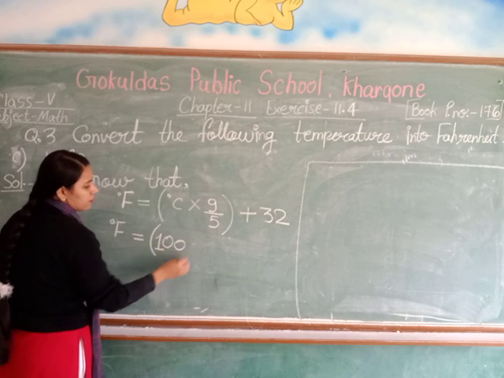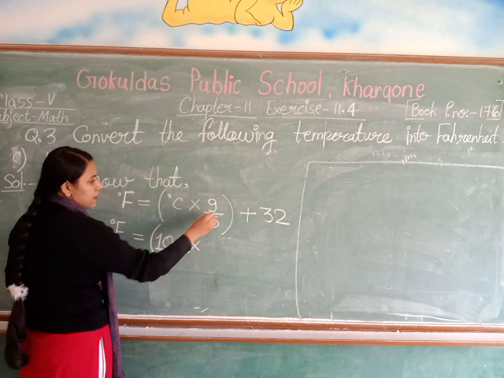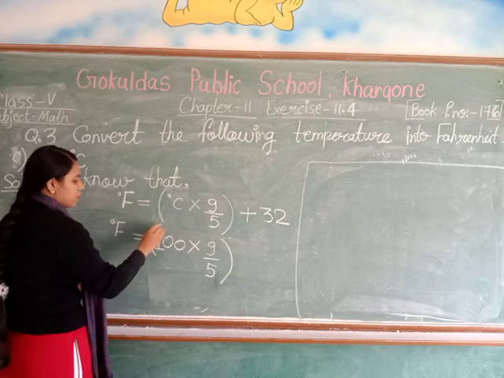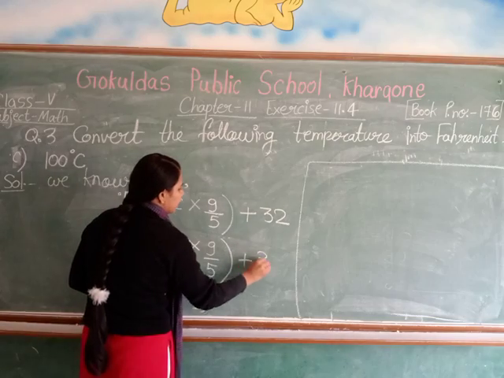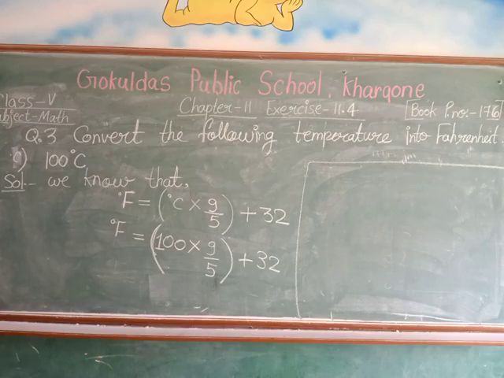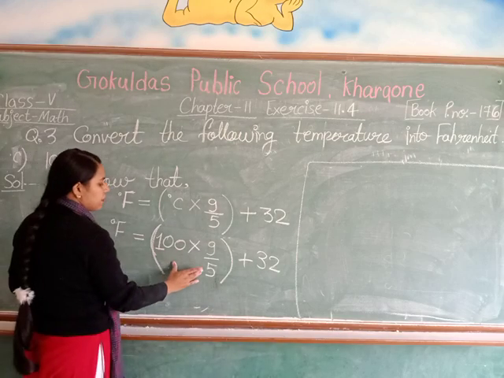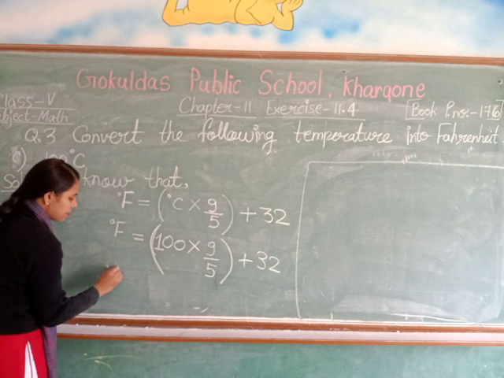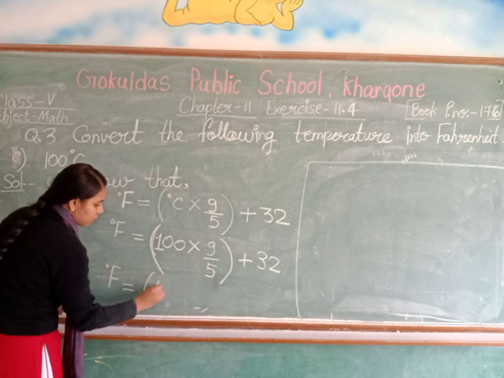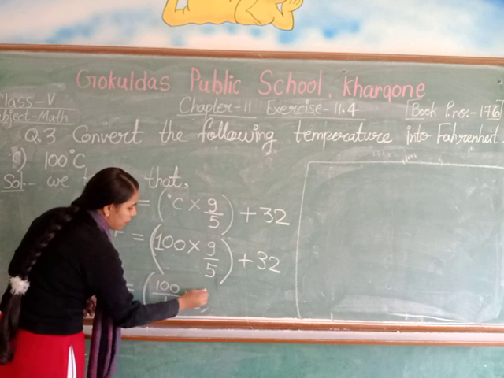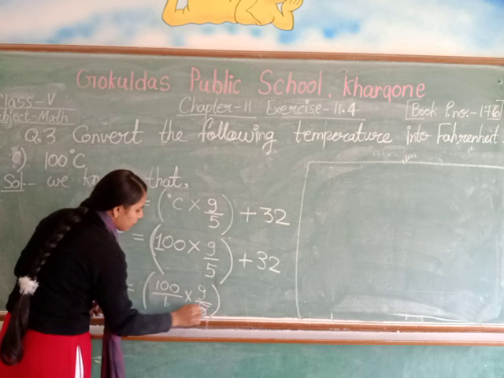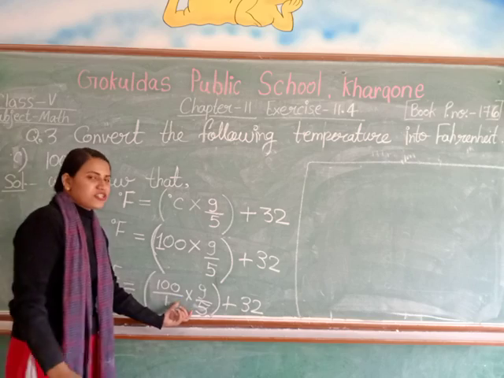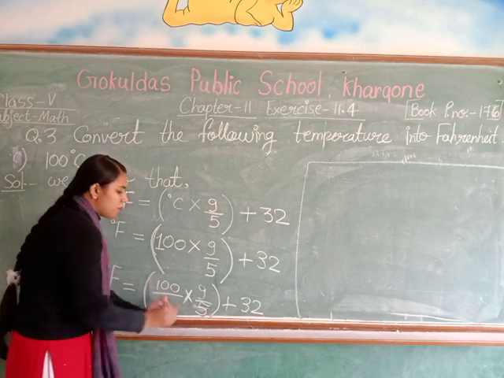So write 100, multiply sign, 9 upon 5, bracket close plus 32, right? Now observe in the bracket, this number has no denominator, so we can put 1 in its denominator. So 100 upon 1 multiplied by 9 upon 5 plus 32.